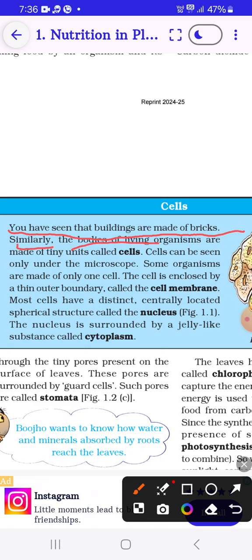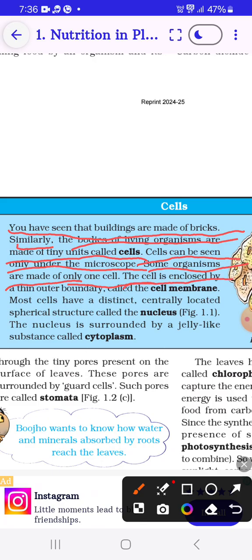Similarly, the bodies of living organisms are made up of tiny units called cells. Cells can be seen only under the microscope. Some organisms are made of only one cell.